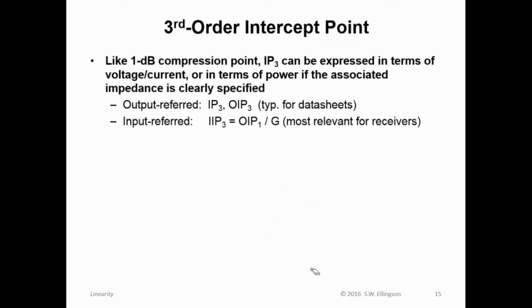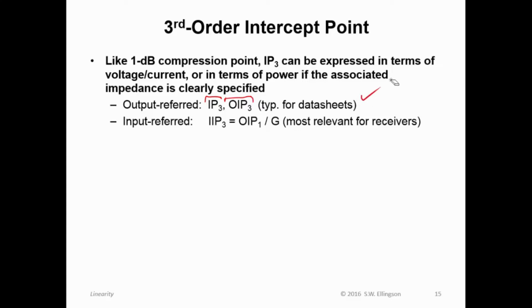So like the 1 dB compression point, the third order intercept point can be expressed in terms of voltage or current, or in terms of power if the associated impedance is clearly specified. So if we can agree on what impedances we're going to operate it on, we can express third order intercept point in terms of a power. So if we're talking about output referred intercept point, we typically use variables such as IP sub 3 or OIP sub 3.